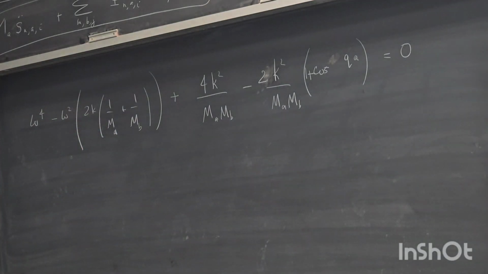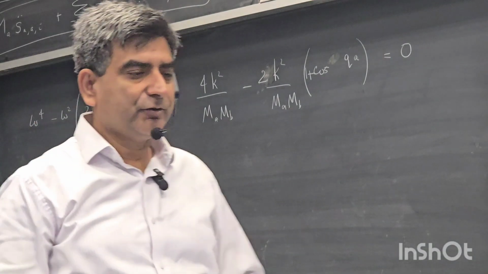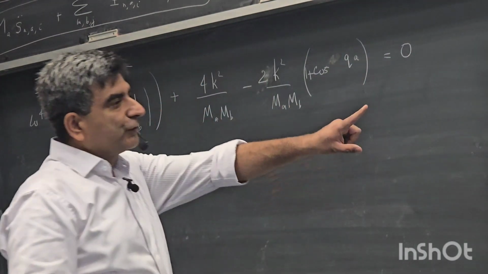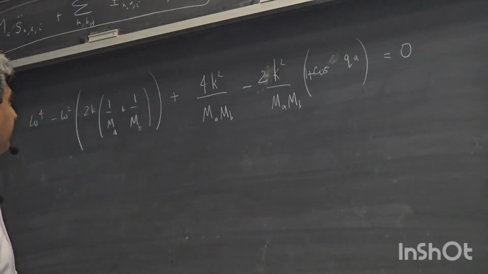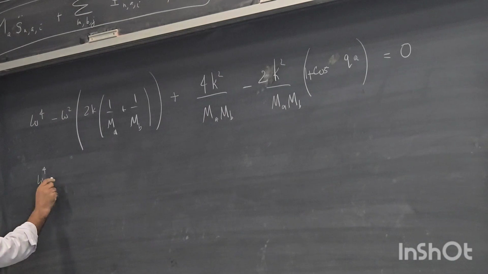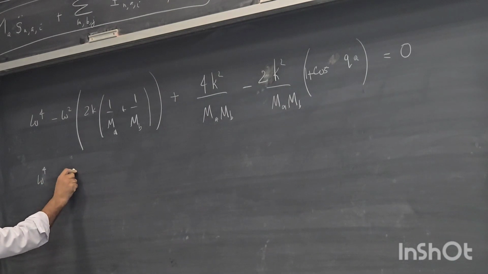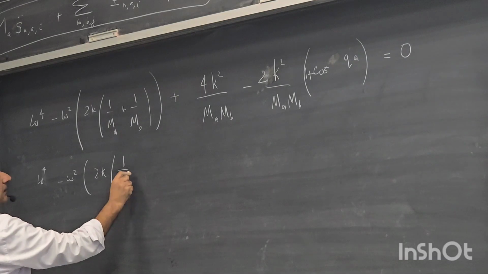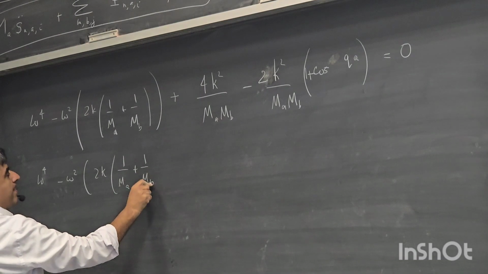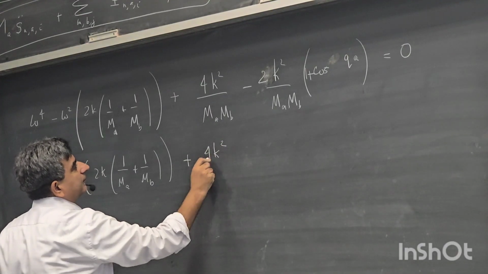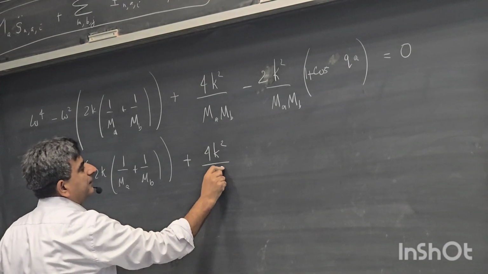This is our result. Now if you look at this result over here, let me also turn on our laptop. So I've just found out the determinant of that matrix. So if you look at this result, this is omega 4 minus omega square 2k times 1 over ma plus 1 over mb plus 4k square over MA MB.